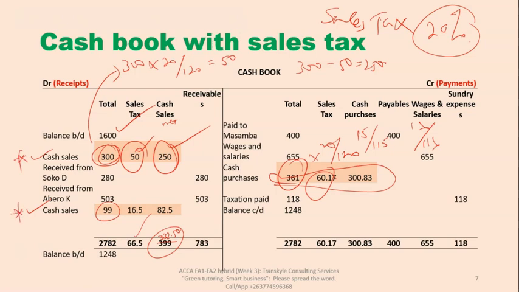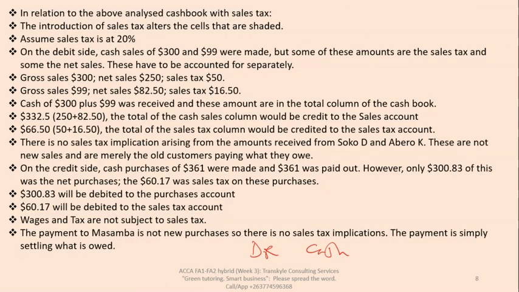But we need to say credit sales net, and so we are going to have double credits here. But by the end of the day, remember the double entry, the actual amount received should also tally with the net sales figure and the sales tax amount.